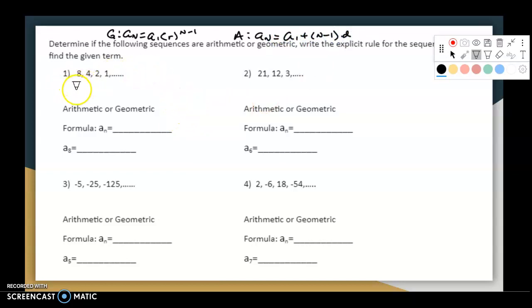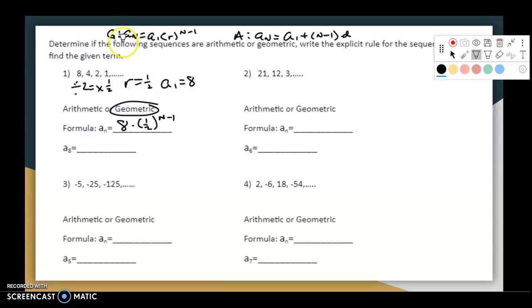All right, so in number 1, what are we doing? We are dividing by 2. But again, I can't say divide by 2. I have to say multiply by 1/2. Okay, so that makes this geometric. So r will be 1/2. a1 is 8. So my formula is going to be a_n equals 8 times 1/2 to the n minus 1 power.